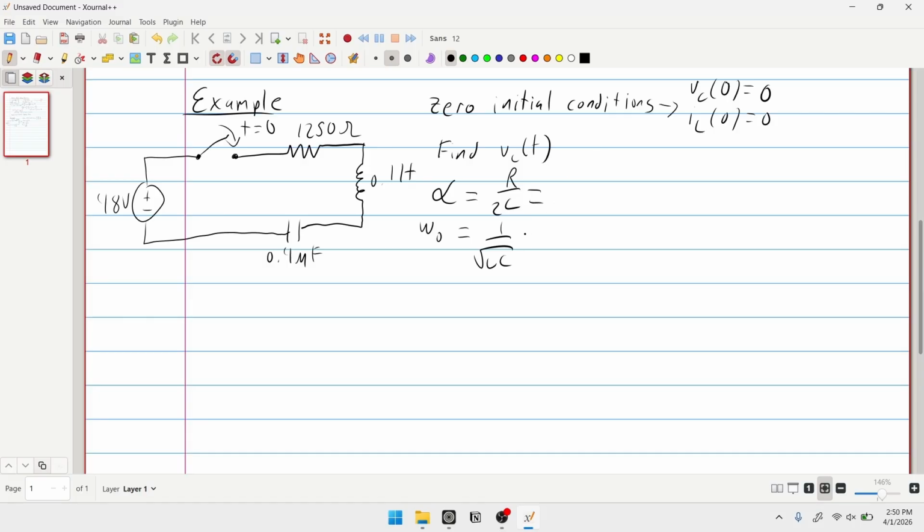If we plug this into our calculator, we get that alpha is 6,250 radians per second, and omega naught is 5,000 radians per second. So we see that alpha is greater than omega naught, so our system is overdamped.